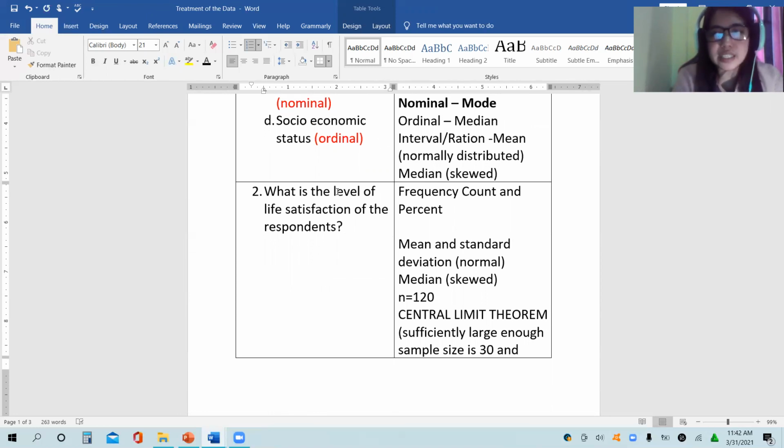But it is again better to use the computed mean for each of the respondents. So we will be using the mean and not the level. So that's why we have this option whether to use either mean or median, which depends on the shape of the distribution, if it is normal or skewed.